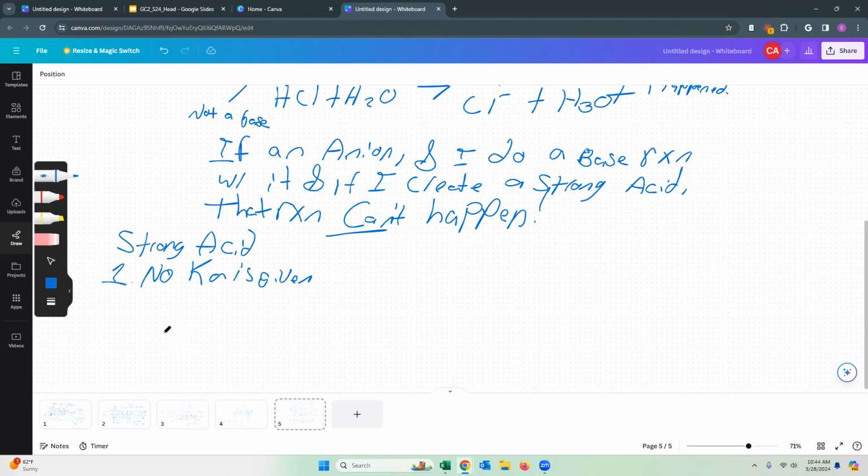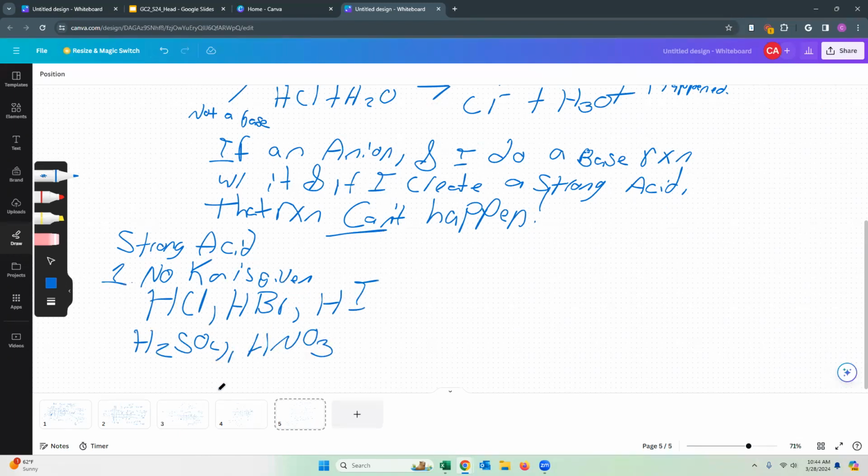Two, know these strong acids: HCl, HBr, HI, H2SO4, HNO3. If you see these 5 molecules, you can just assume it's a strong acid.